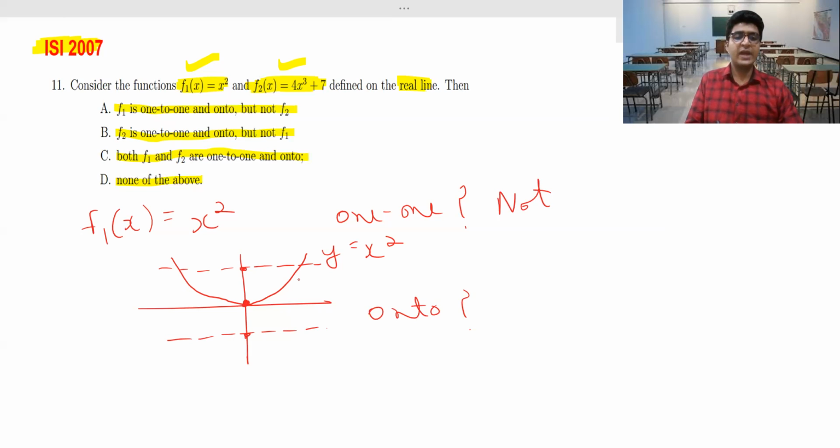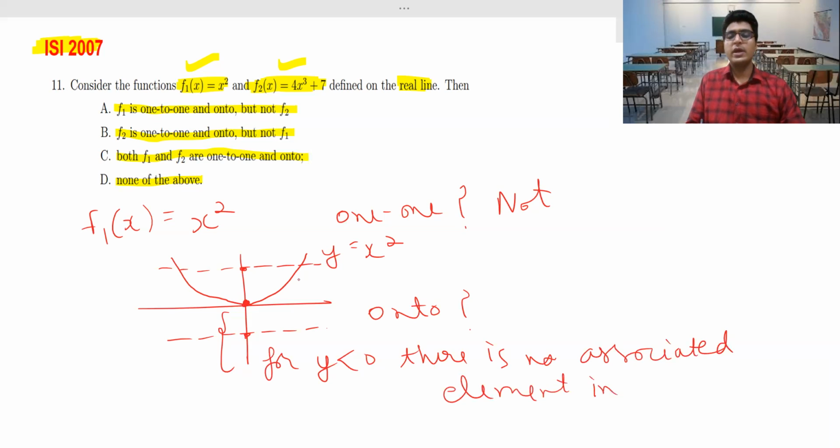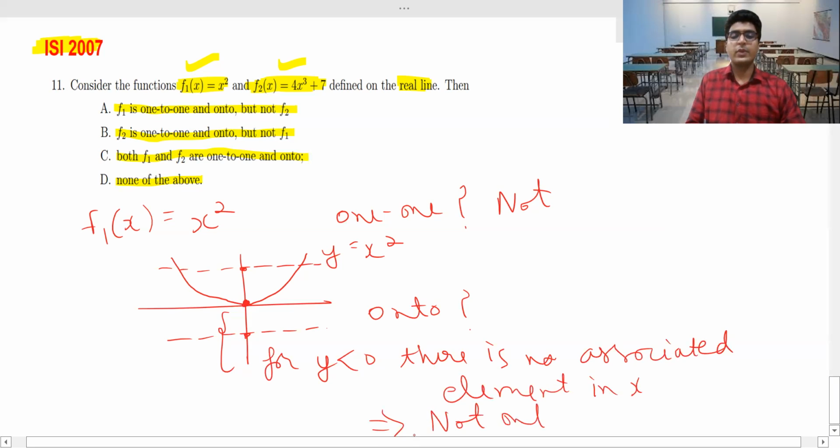So for any y less than 0, there is no associated element in x. So this implies not onto. So it is neither 1-1 nor onto.